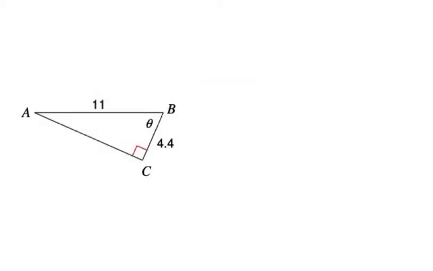One more problem. Let's see. Looks like we didn't have a sine problem on here. That's my bad. Thought I did, but it's fine. It's the same process. Opposite makes this the adjacent if this is the hypotenuse. Cosine of theta equals adjacent 4.4 divided by 11.